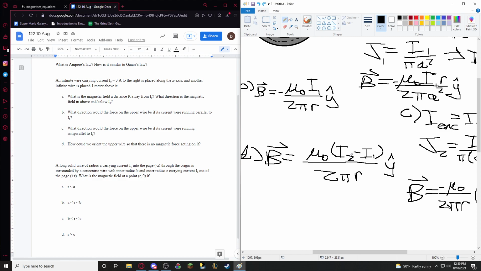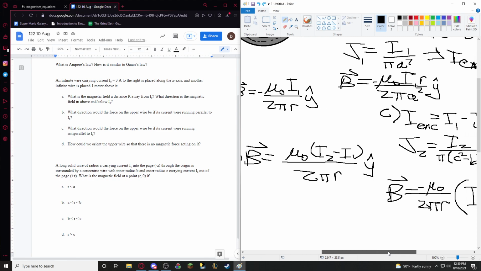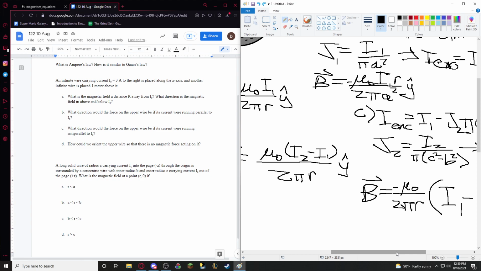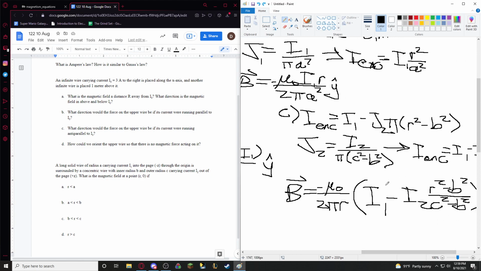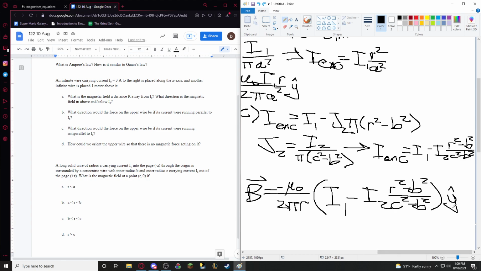If we define I1 to be positive within our bracket, then we have to throw the negative sign out front because it's in the negative y direction.